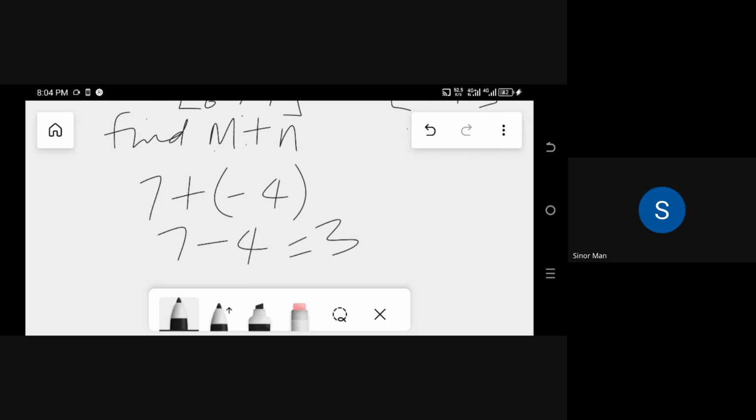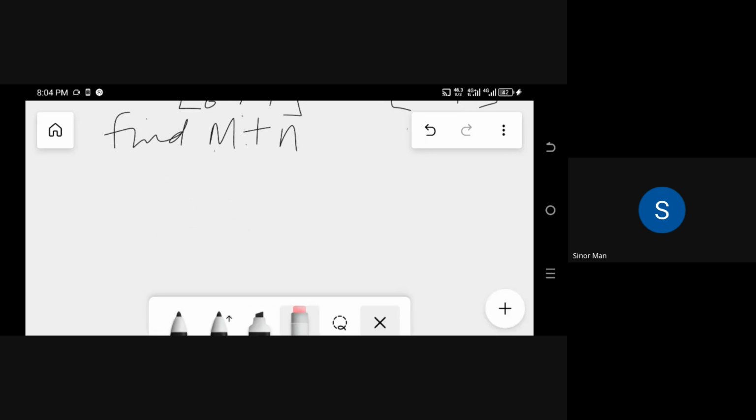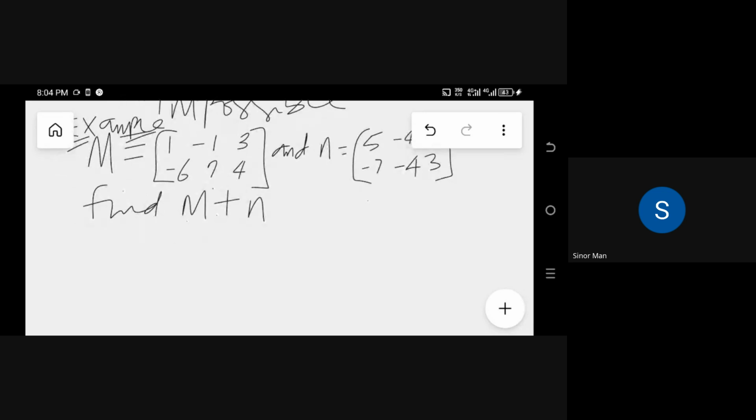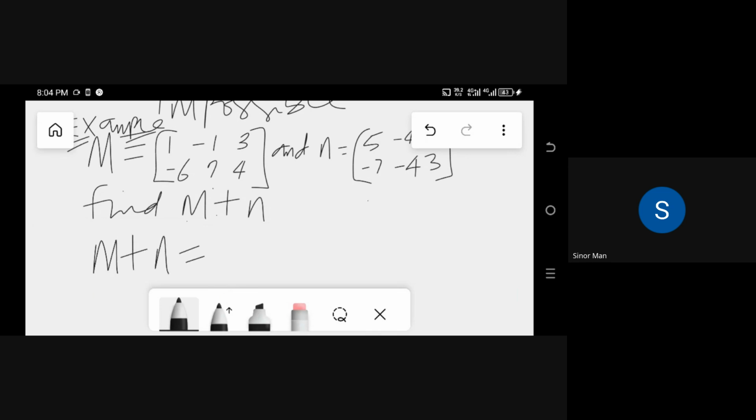Okay, that being said, we can now say that two persons have gotten the same answer, and I think I agree with that. So our matrix M plus N should actually be 6, minus 5 and 5, minus 13, 3 and 7.